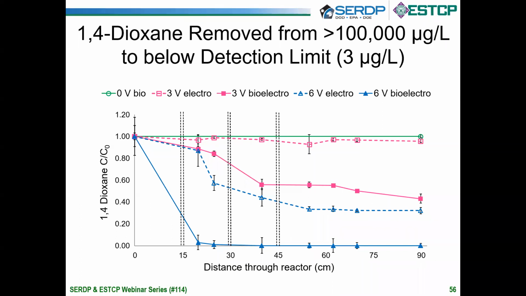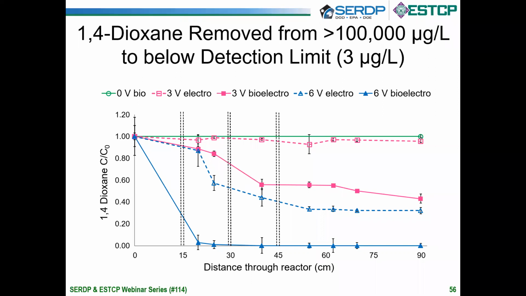With 3 volts applied electrochemically only, there was a little bit of removal, but that really changed when the columns were bioaugmented. You see the pink curve here with the solid markers, that the concentration goes down, and we're looking at about 60% removal of 1,4-dioxane, so about 60,000 micrograms per liter.